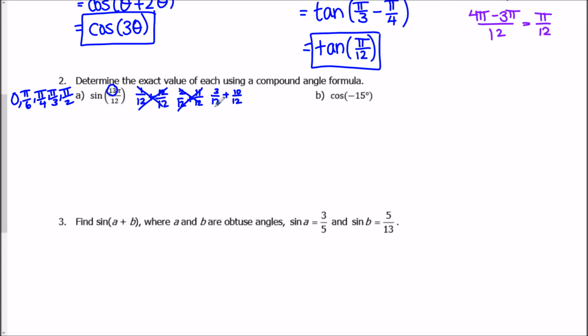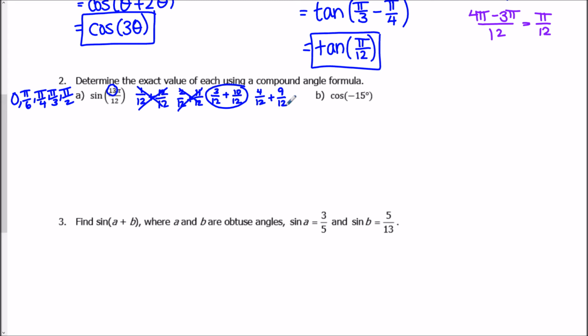So if I were to use 3 over 12, I know that 3 over 12 will reduce to 1/4, and we know that 10 over 12 will reduce to 5/6, which is a multiple of pi over 6, so this could be a possibility that I could use. Let's take a look at one more. We could also do 4 over 12 plus 9 over 12 right here.